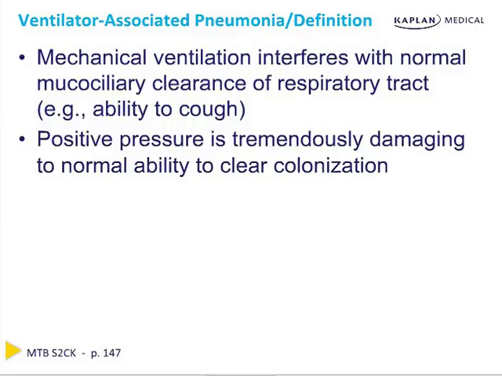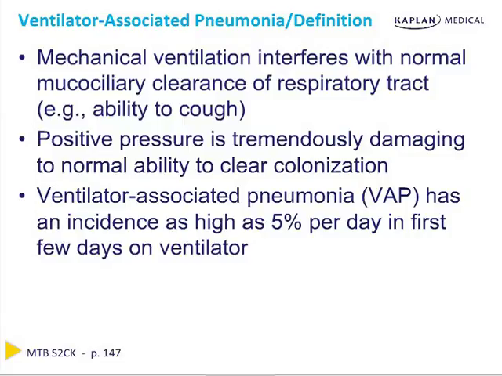In addition, positive pressure is tremendously damaging, and it can cause inability to clear colonization of bacteria. Ventilator-associated pneumonia has an incidence as high as 5% per day in the first few days on a ventilator, and it's therefore very important to maintain high vigilance for infection in these patients.